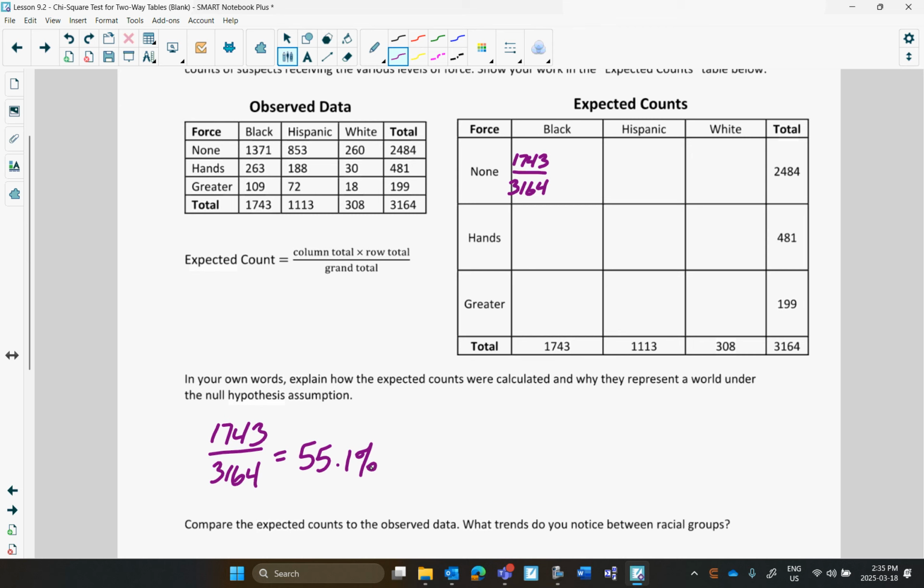So what's the total number of people that experienced no force? 2,484. So then we would have to do 55.1% of 2,484.